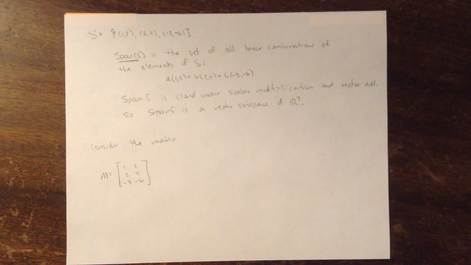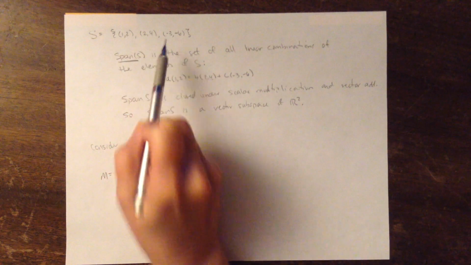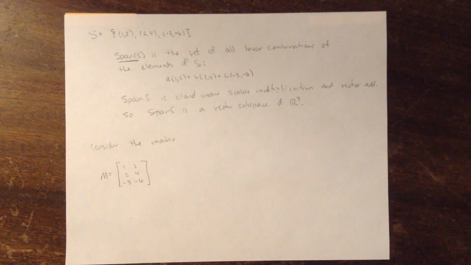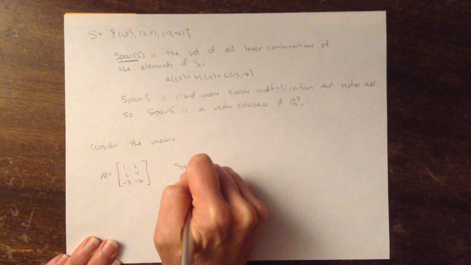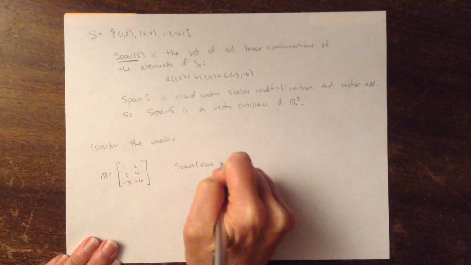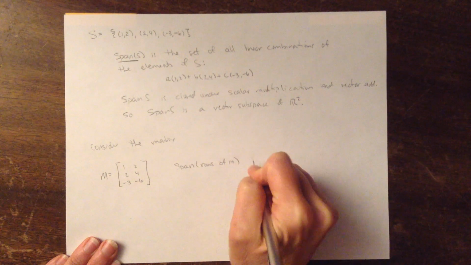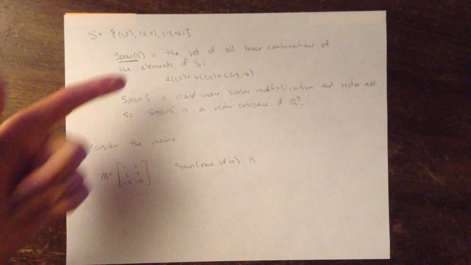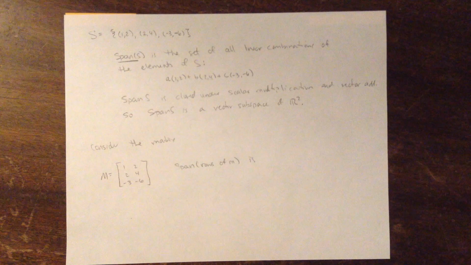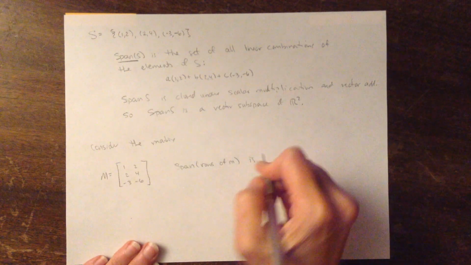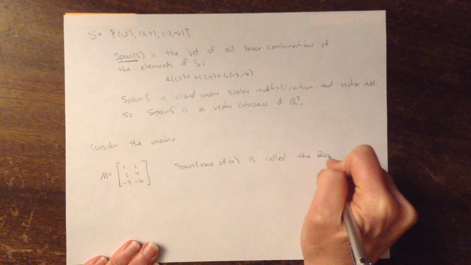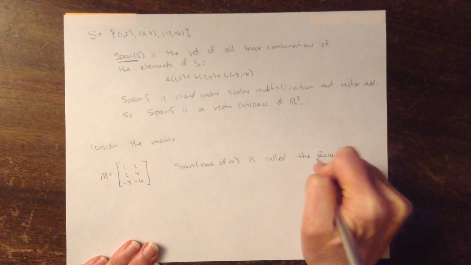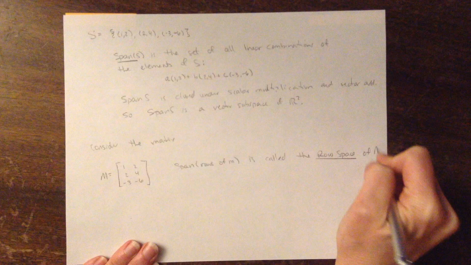The rows of matrix M are just these vectors from the set S. So the span of the rows of M is this same vector space as the span of S. It's a vector space and it's called the row space of M.